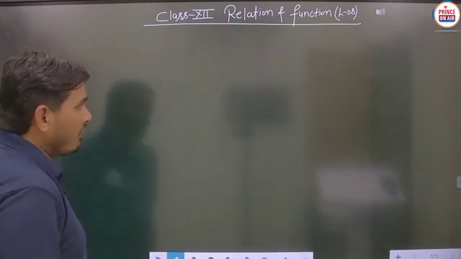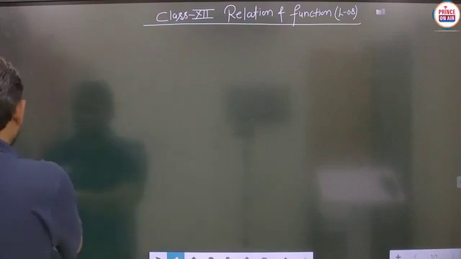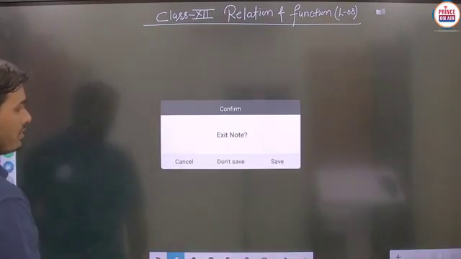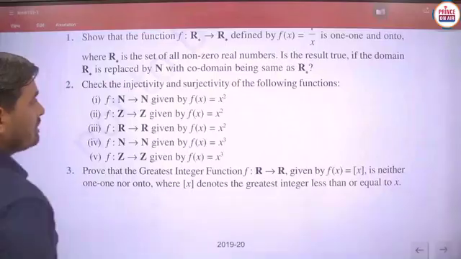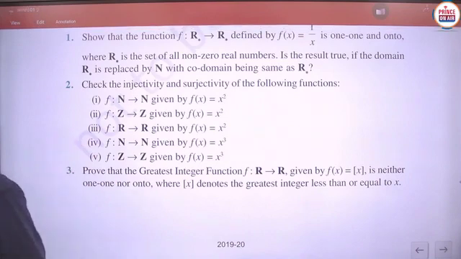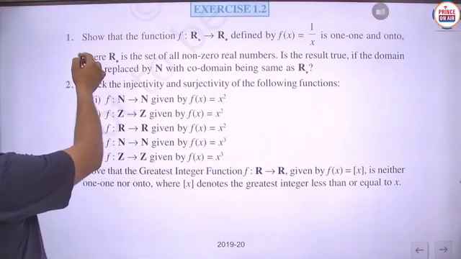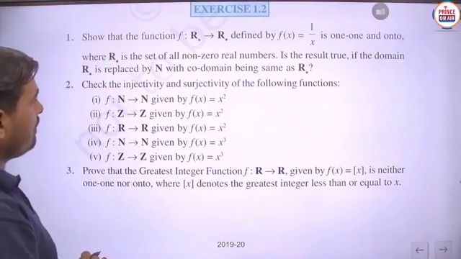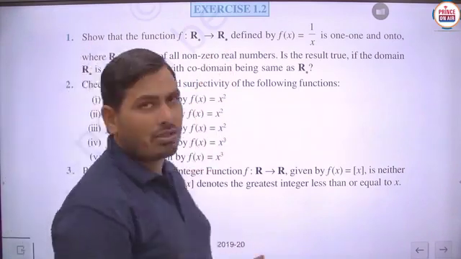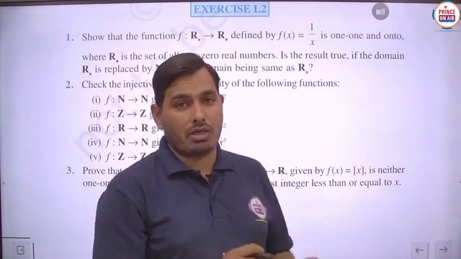So we will start the very first question of your NCERT exercise. In this first question, the function f: R star, this is not the set of real numbers, something is missing from R star.